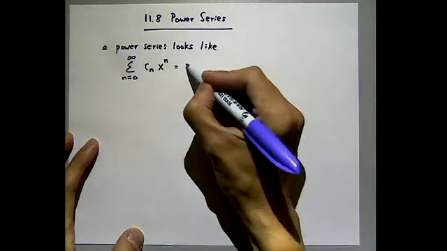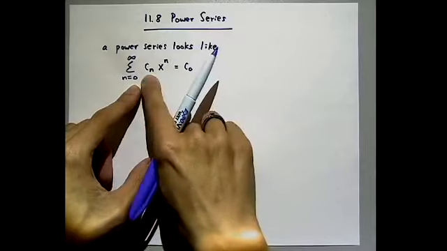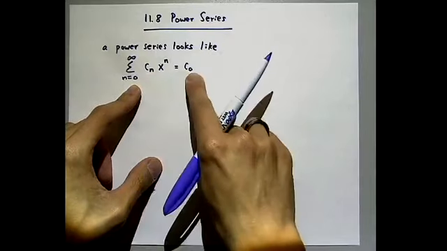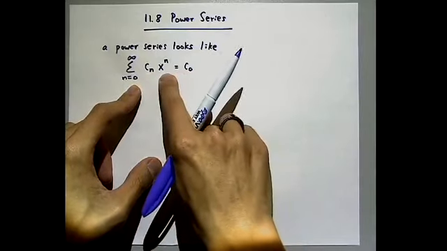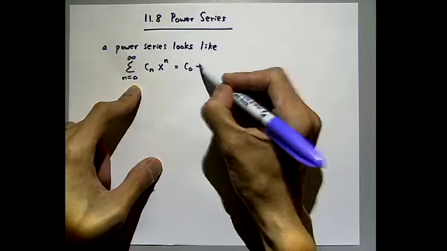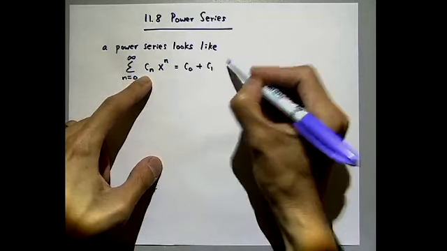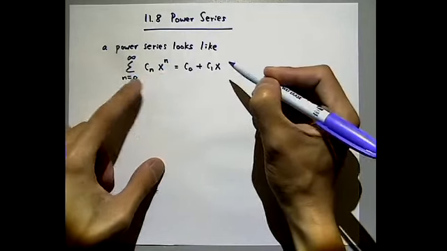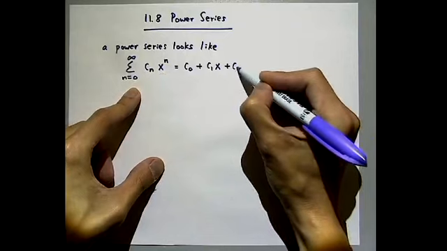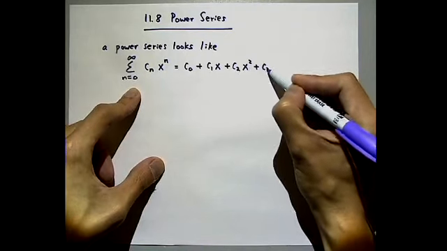You start at 0. So the first one is just a constant c sub 0, and x to the 0, of course, is 1. So there's no x in the first term. But then the next one, when n is equal to 1, we have c1 x to the first, and then c2 x squared. And this keeps going.